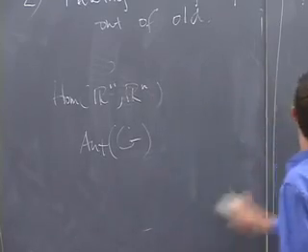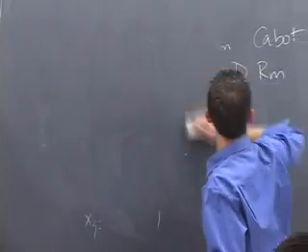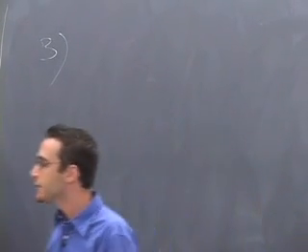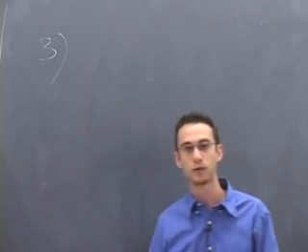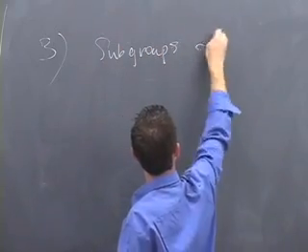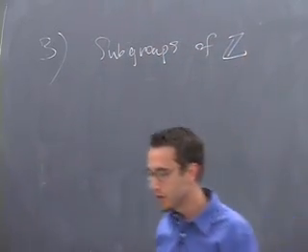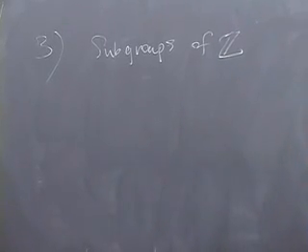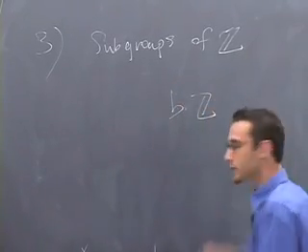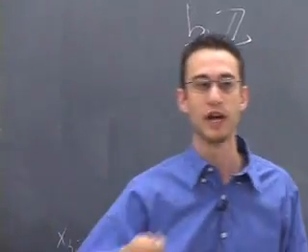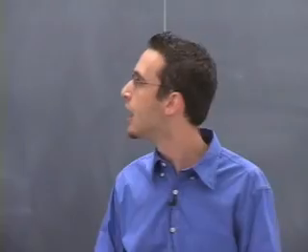A third theme that we've looked at is that in some cases you can actually classify the subgroups of a given group. Last time we considered the subgroups of Z. Now, the argument we used to show that every subgroup of Z is of the form bZ looked innocuous, but it's actually a very significant argument. Again, it's something that's going to come back to haunt us, so it's a very good idea to familiarize yourself well with that argument.